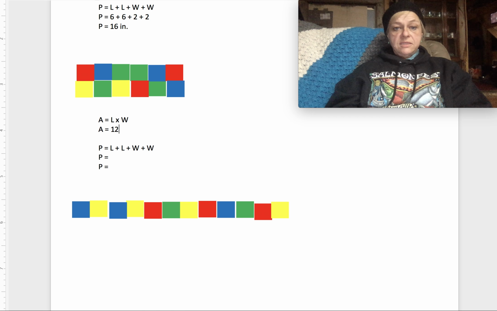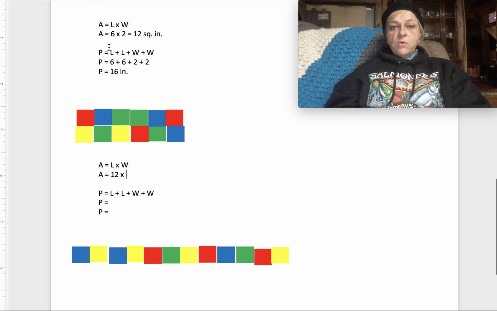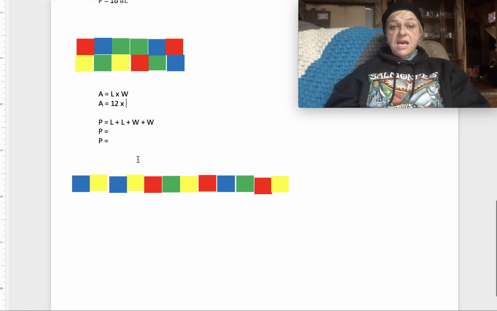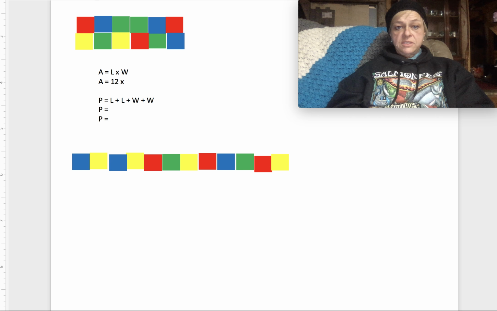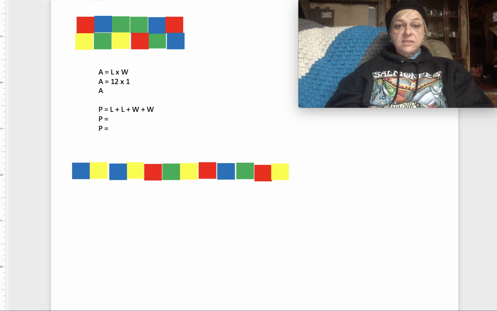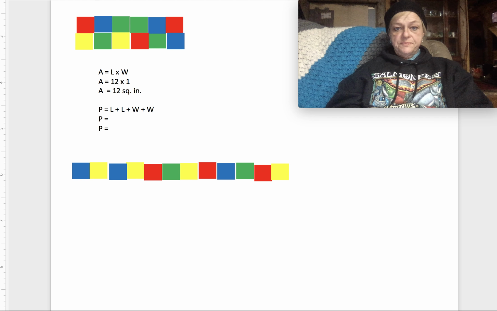So we know the length is 12, and we're going to multiply that by the width. Let's go back up here. What was the width? Oh, the width of this first one was 2. That is not the width of the second shape. It's only 1. So the area is 12 times 1. And what is 12 times 1? It's 12, of course. The area of the second rectangle is 12 squared inches.